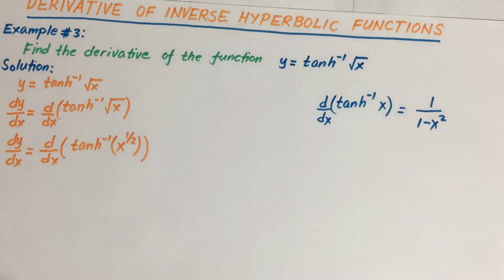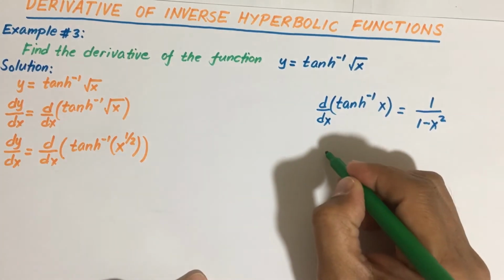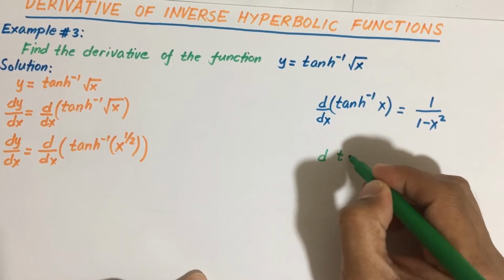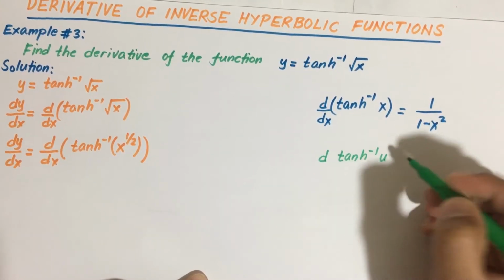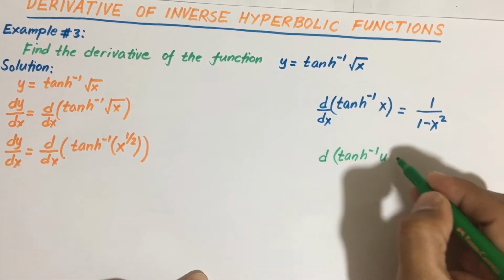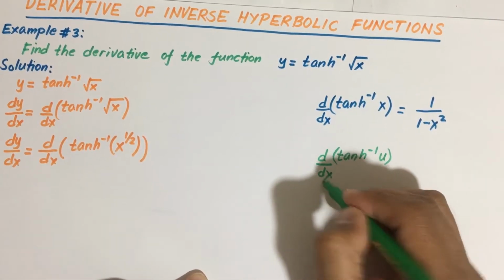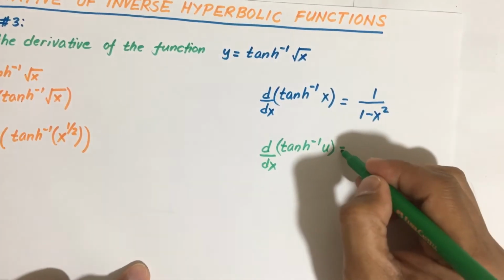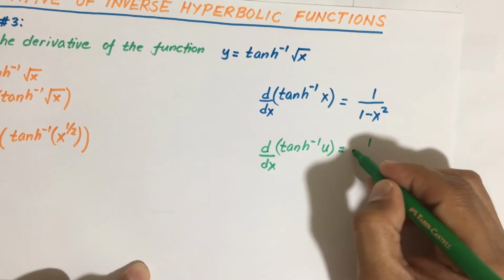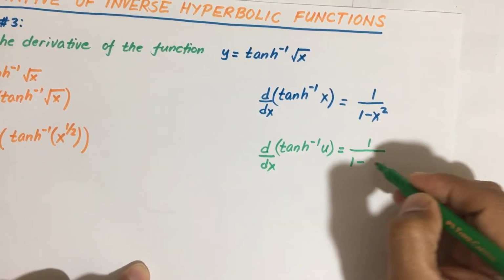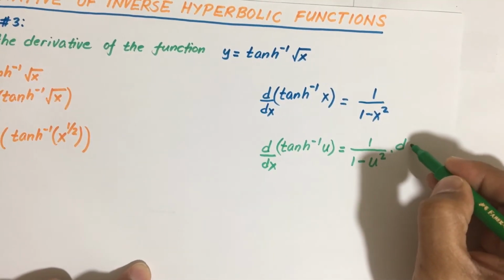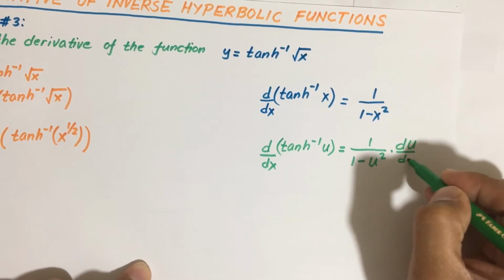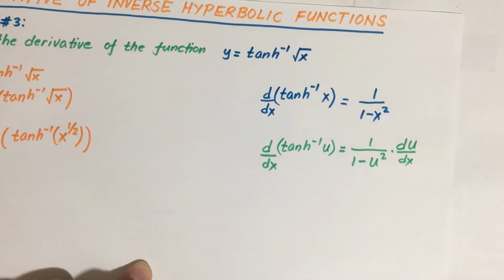Okay, or in general form we can also say that the derivative of the inverse hyperbolic tangent of u with respect to x is equal to 1 over 1 minus u squared times the derivative of u with respect to x. So I'll apply the chain rule here.